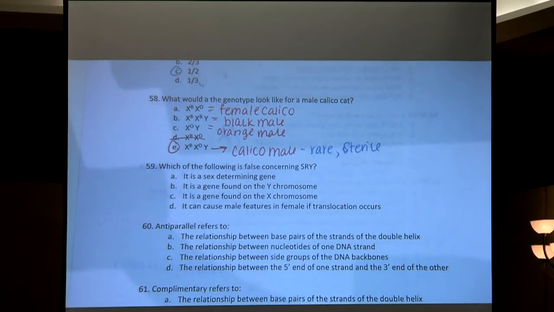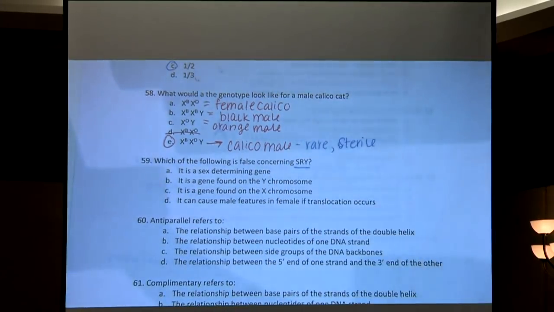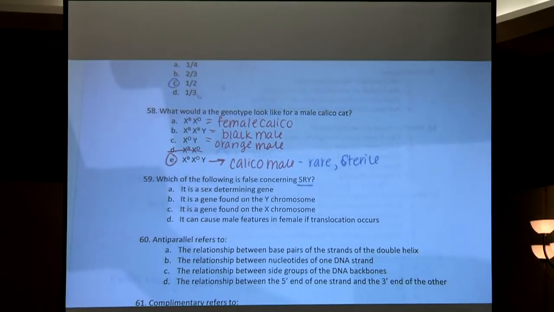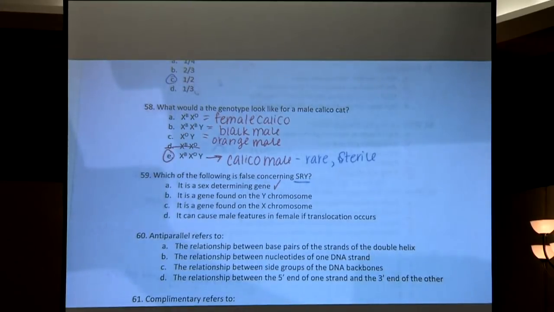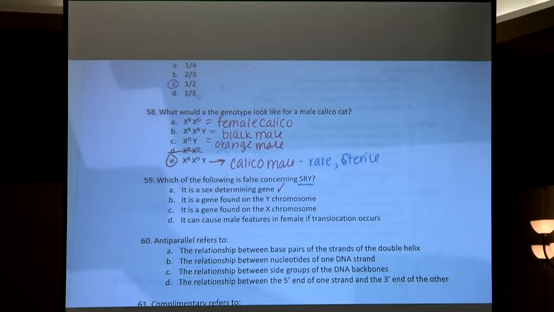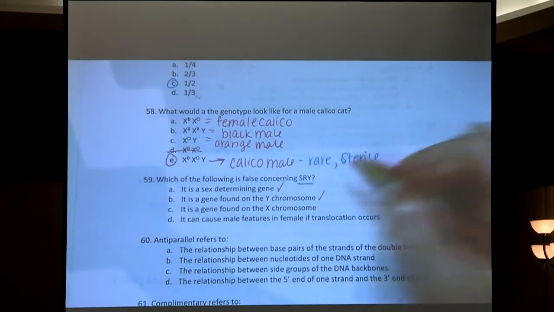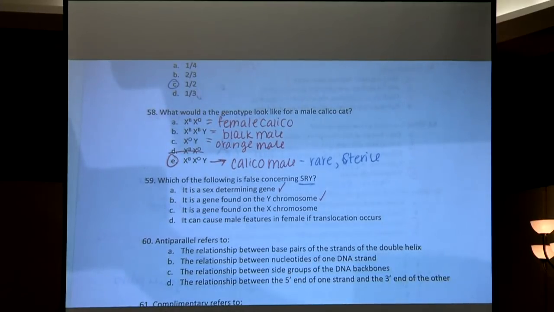So we also talked about a particular gene. It's called SRY. So which of the following is false concerning SRY? Is SRY a sex-determining gene? Good. So that's true. Is it found on the Y chromosome? How about, is it found on the X chromosome?